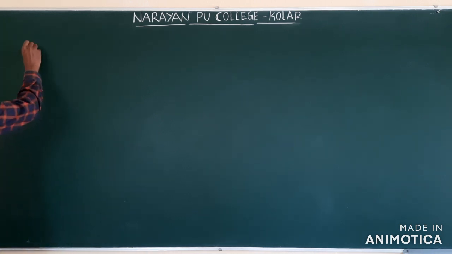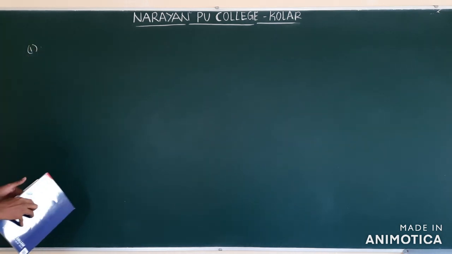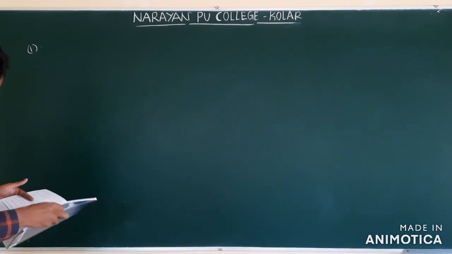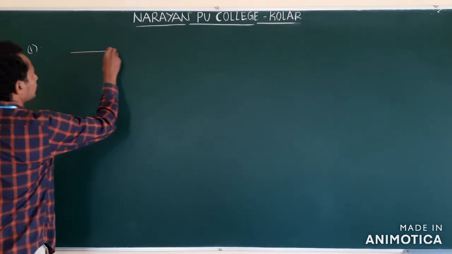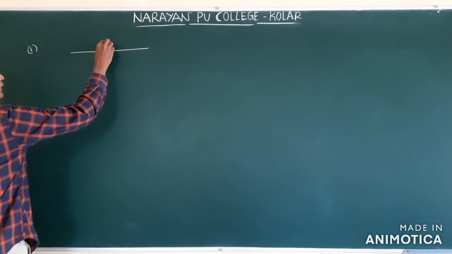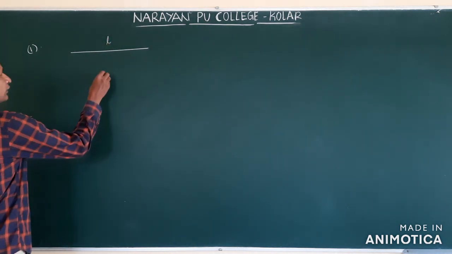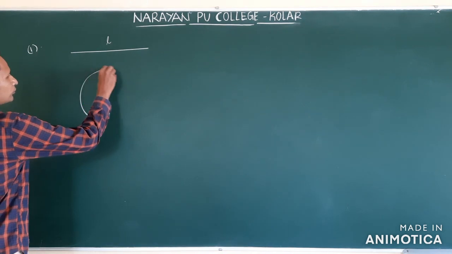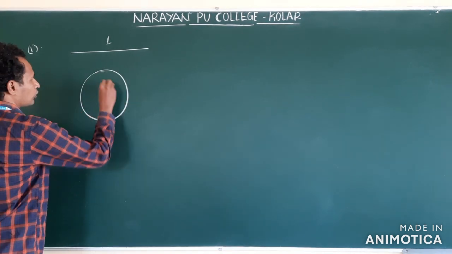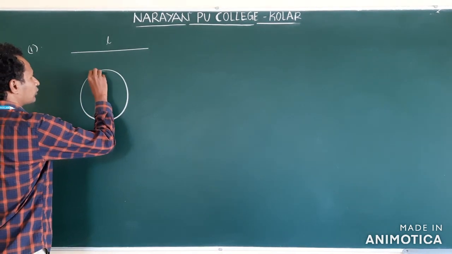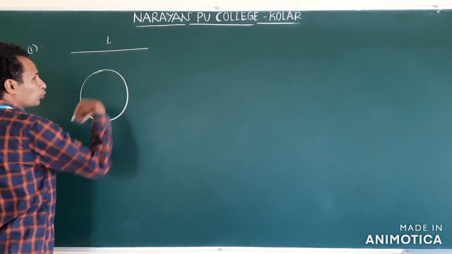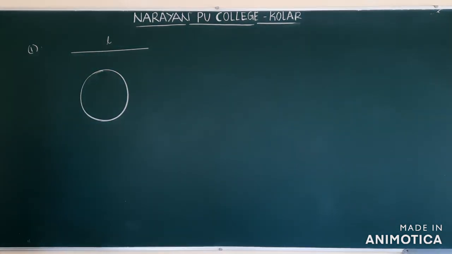First question: a long wire of length L. Okay, this is bent into a circle. Number of turns is 1, only one circle.